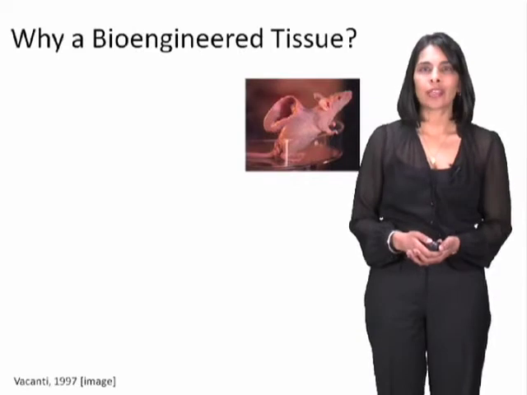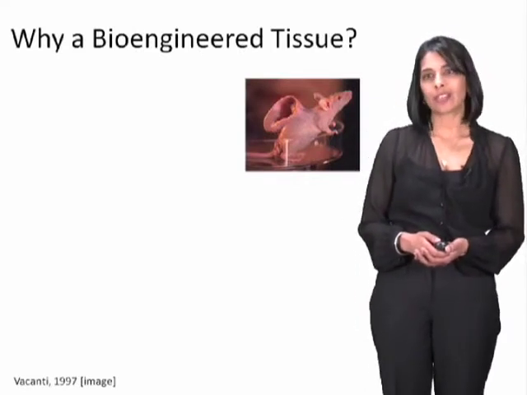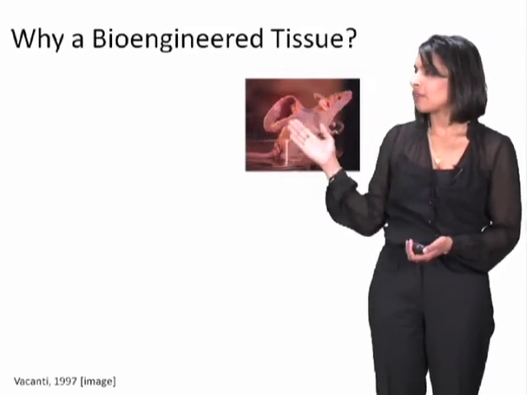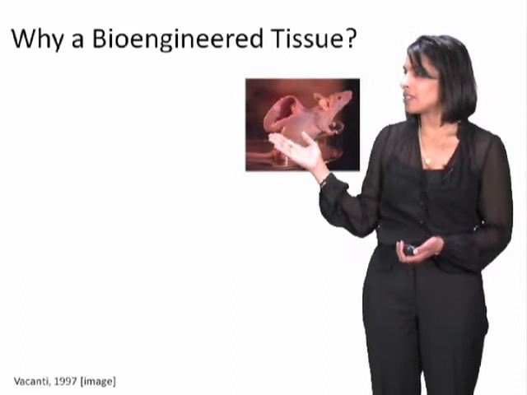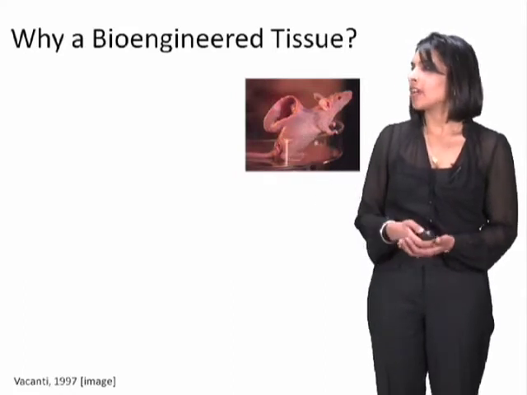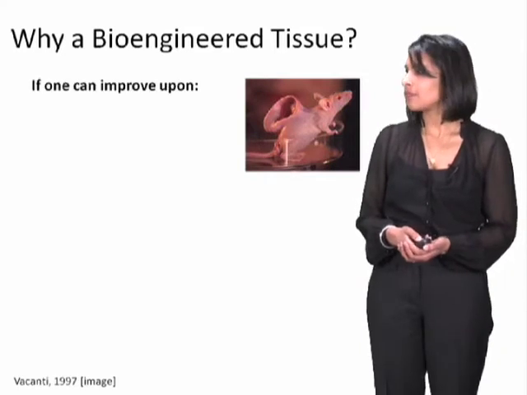So, first you might ask why one would create a bioengineered tissue that's part plastic and part cells. This is a very famous image of one of the first tissue engineered pieces of cartilage in the shape of a human ear in the back of an immune-compromised mouse. So why would one do this?